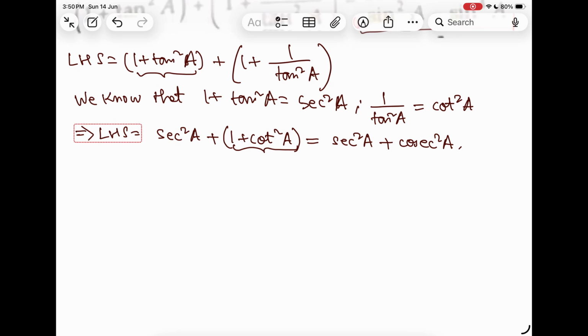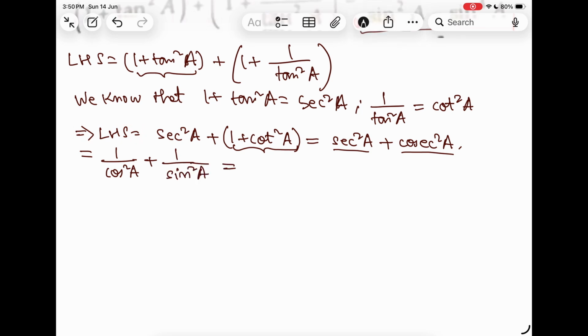Alright, now we can simplify it into sine and cos as we are on the last stage. Now it is written as 1 upon cos square a, that is sec square a, and then cosec square a can be written as plus 1 upon sine square a.